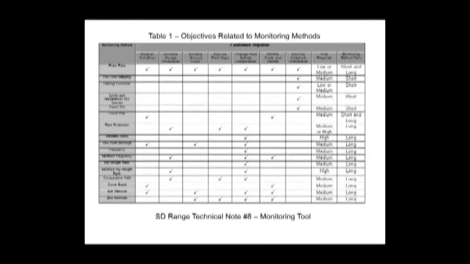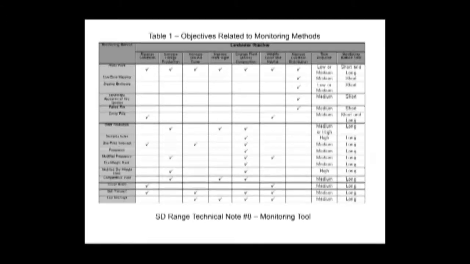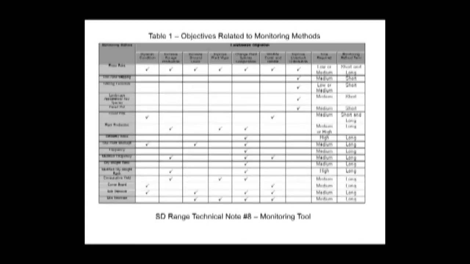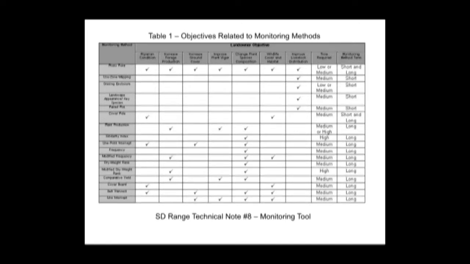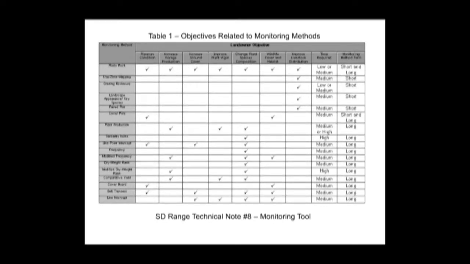So like, for instance, monitoring method photo point, that one is pretty much as good for just about any kind of objective you have out there. It's very useful for anything. Like they say, a photo's worth 1,000 words. Cover pole, which is one of the methods we'll do later on here. That can give you information about riparian condition and wildlife habitat.